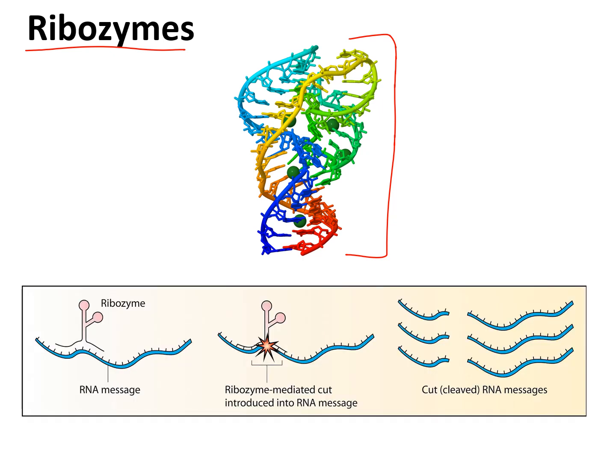The purpose of this ribozyme is to cut or cleave RNA, so to cleave mRNA. So it's able to carry out a catalytic reaction and cut the RNA. That's a relatively new area of study, and it's one of the functions of RNA, but it's not one of the main functions of RNA.